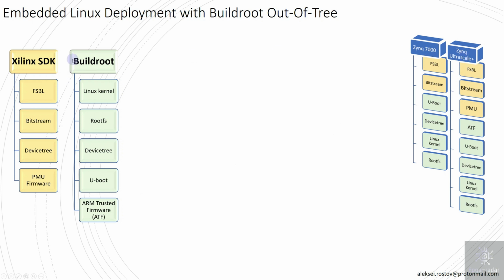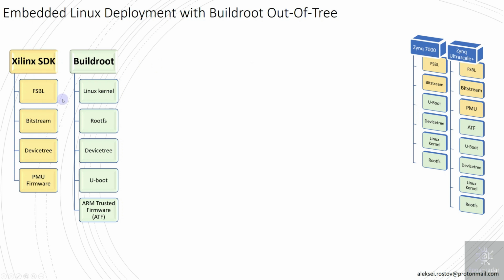By using Xilinx tools, Vitis for example, we get the first stage bootloader, bitstream, the device tree also, because device tree configuration depends on memory, mapped devices, and the PL part, and the PMU firmware for Zynq UltraScale Plus. Why Xilinx SDK tools here?